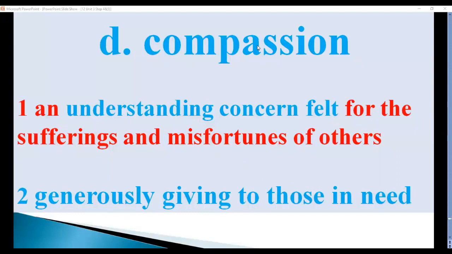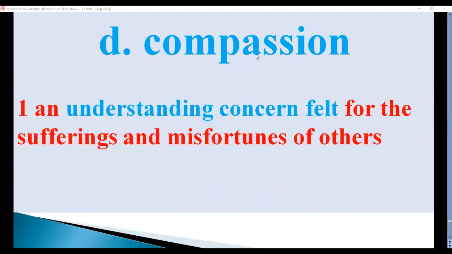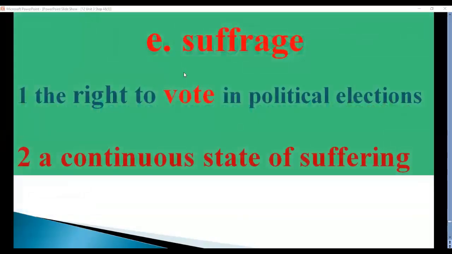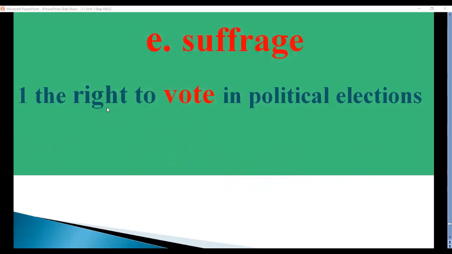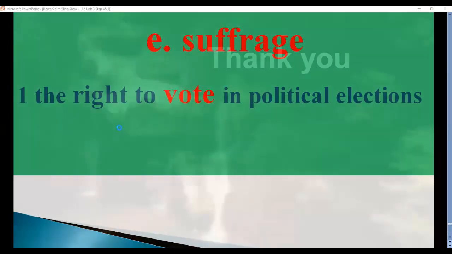Take care. Compassion. I think number one is the answer. Next, here we have suffrage: the right to vote in political elections, or a continuous state of suffering. I don't think so. So the answer is the right to vote in political elections.